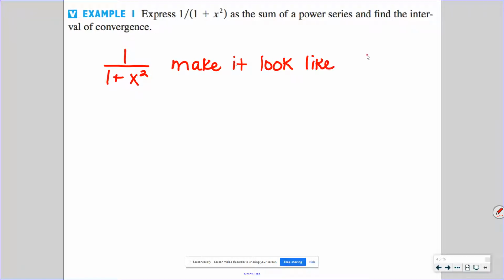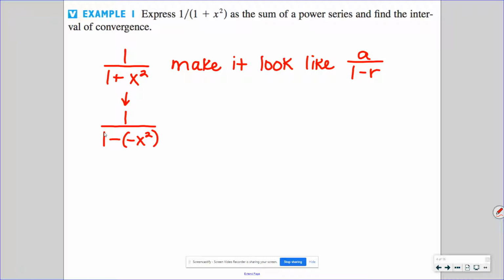And that means make it look like a over 1 minus r, because that's the sum of a geometric series, right? Okay, well, we're pretty close. We have a number on top. We have 1 plus something. So we need to just adjust right here. We need a minus. So I could very easily make that happen. I need to make sure I'm still algebraically equivalent, of course.